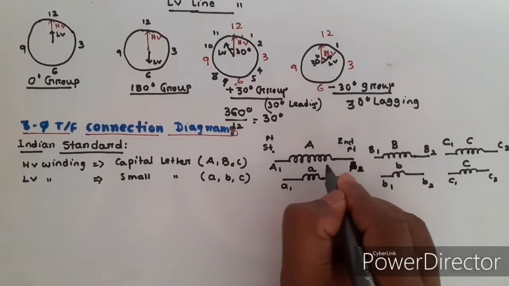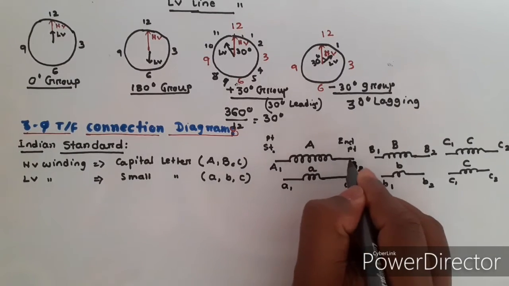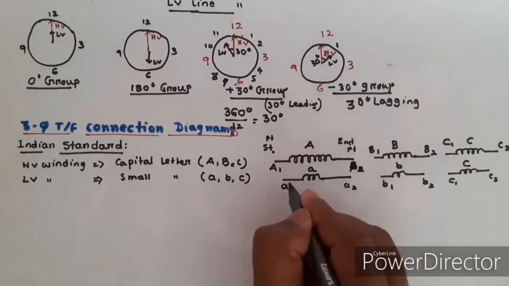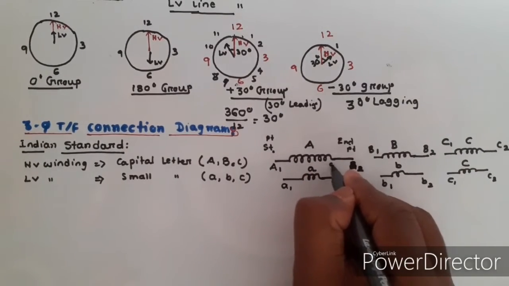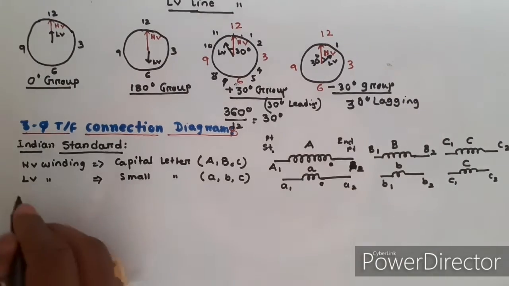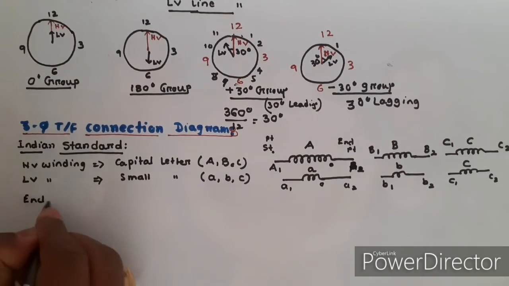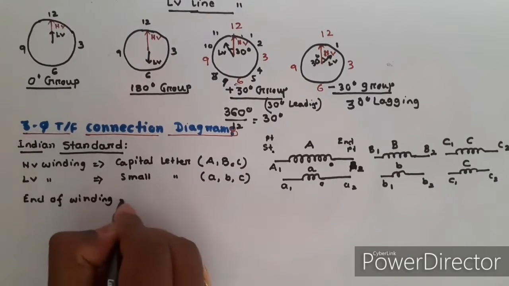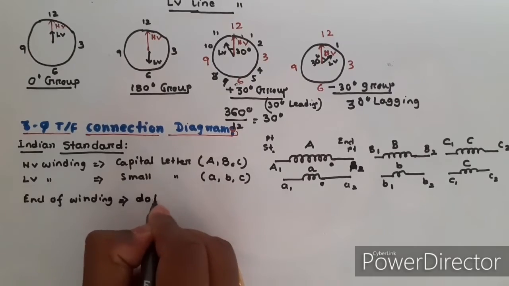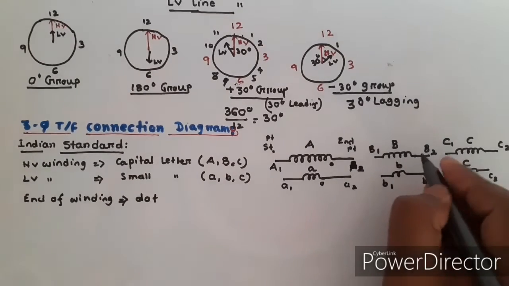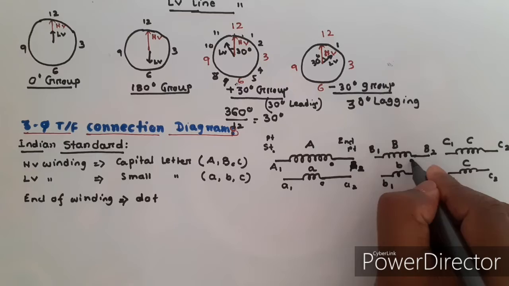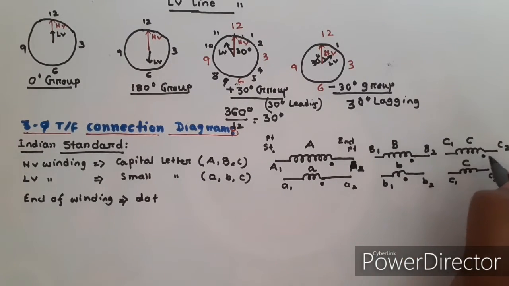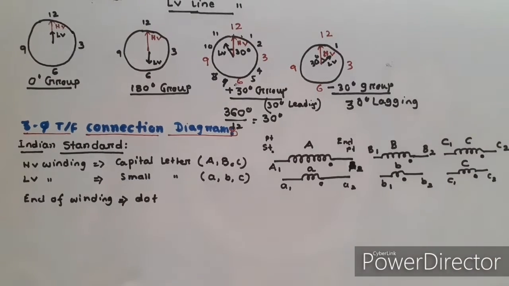And the end of every winding is represented by a dot. This is starting, end, starting, end. Therefore, the end of winding is represented by a dot.